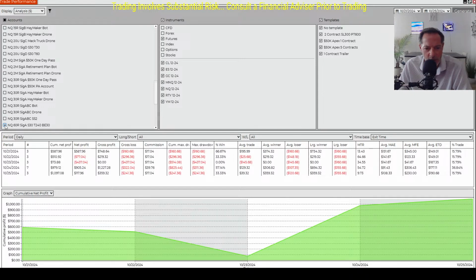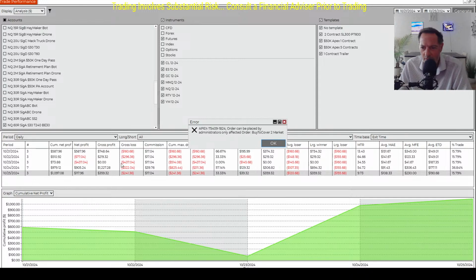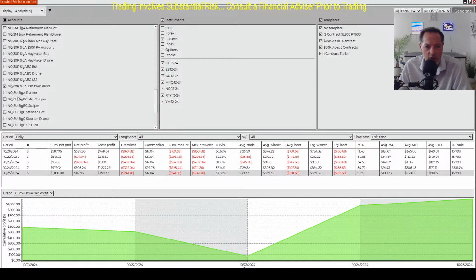This one's a new one I've been working with. This one's a 60 range. So I've got it holding about $1,000 for the week. That's a new one I've been testing. So it doesn't take many trades, 60 range. It doesn't take many trades at all.